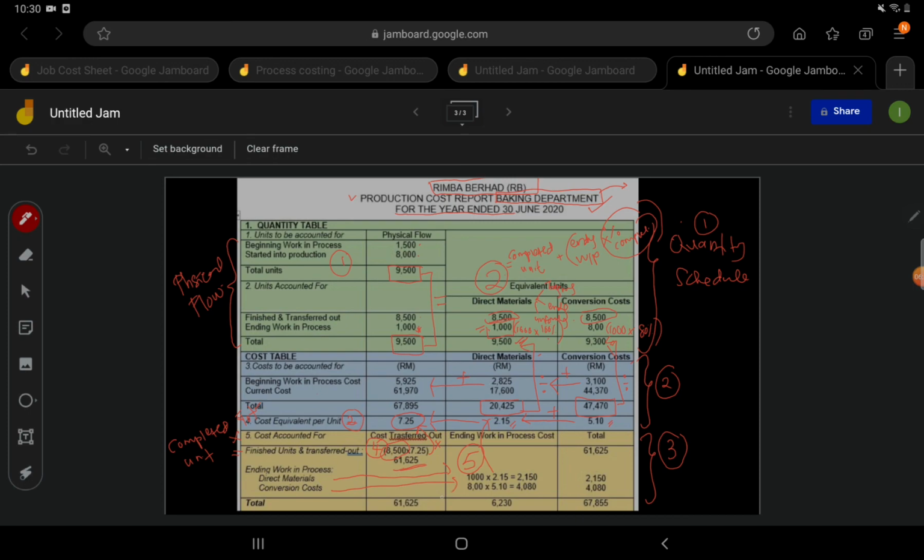And lastly, you have total cost. The total cost is for finished or completed unit and ending work in process unit. Right? The total cost.